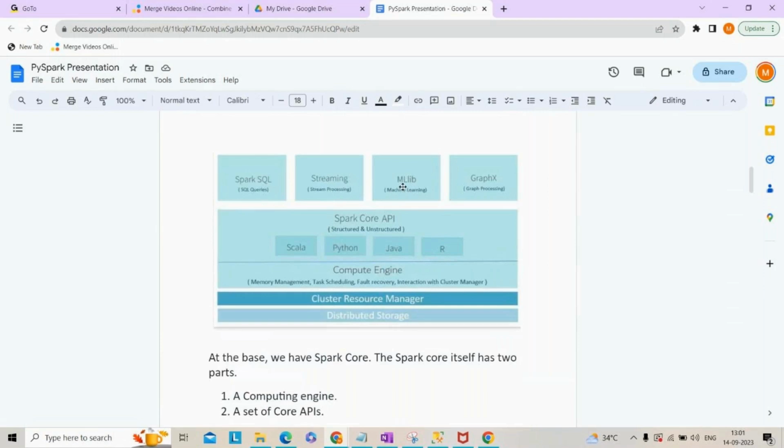Next, MLlib. It provides high quality machine learning algorithms. One example use case is recommendations.